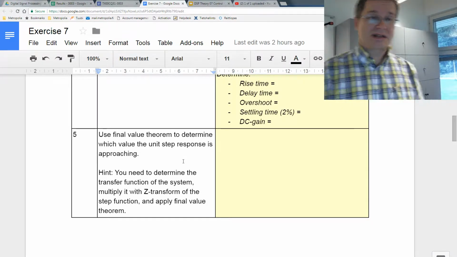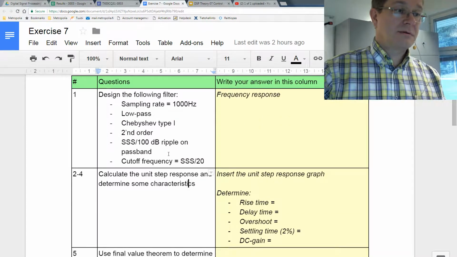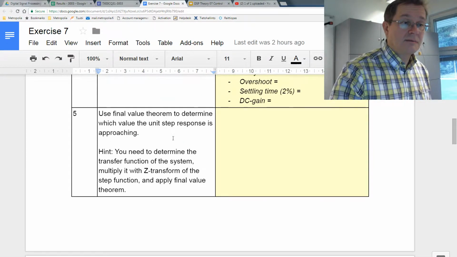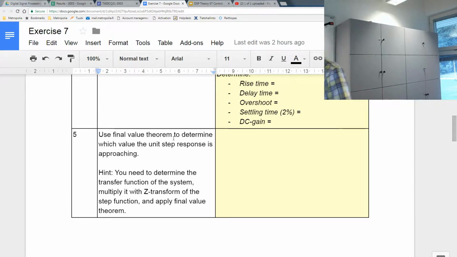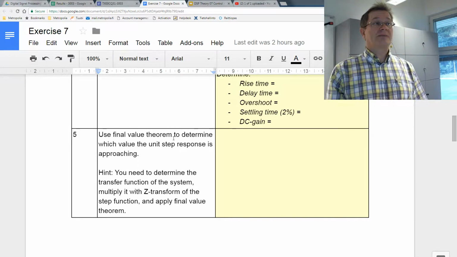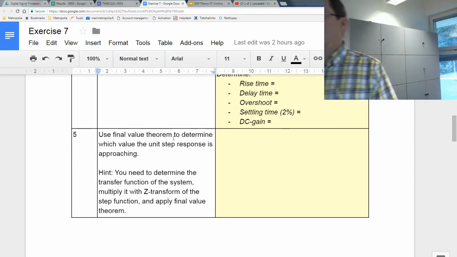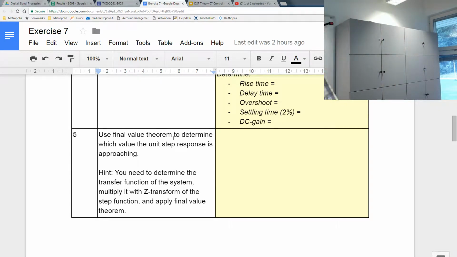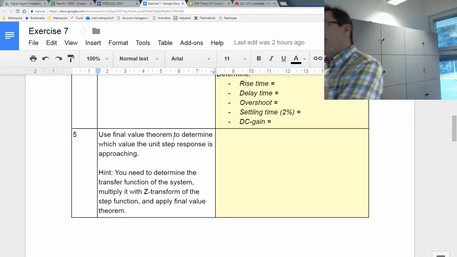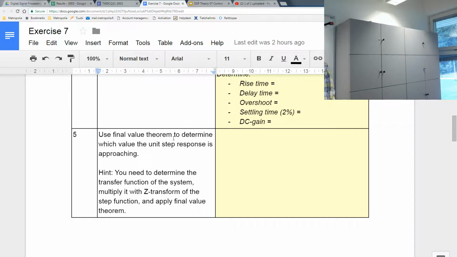system just like that one here, this Chebyshev first type second order system, then you can also make the transfer function of the system quite easily, actually. The same thing also on Octave, and then basically multiply that one with the step function, the Z transform, and then do the final value theorem on that one.